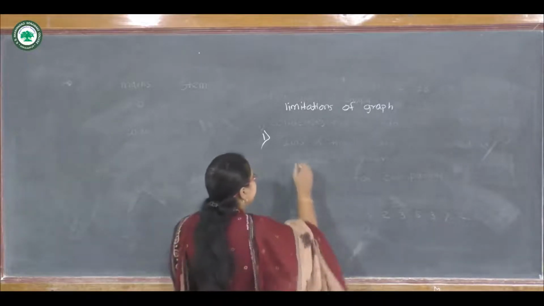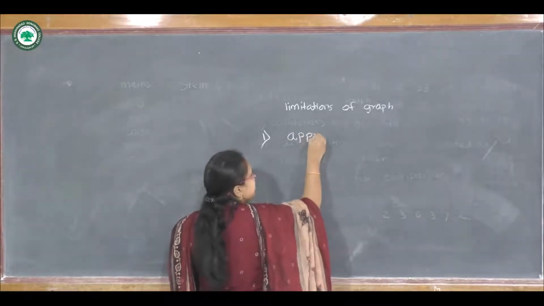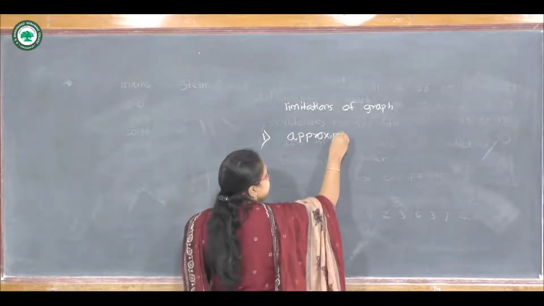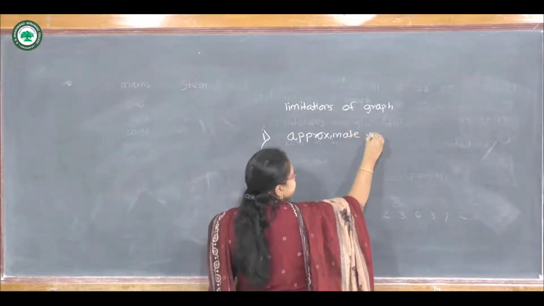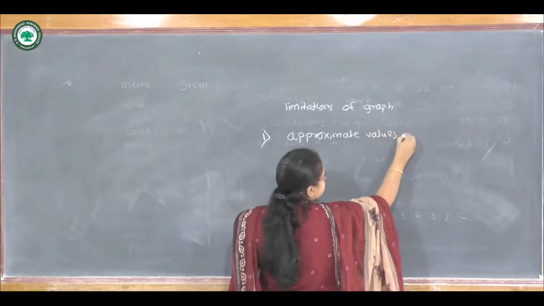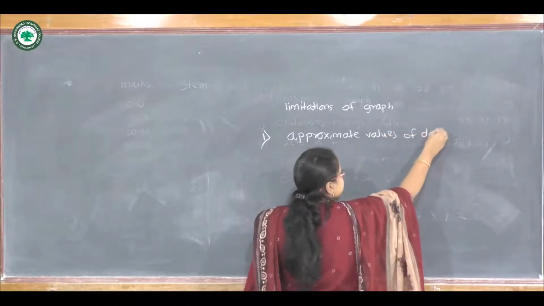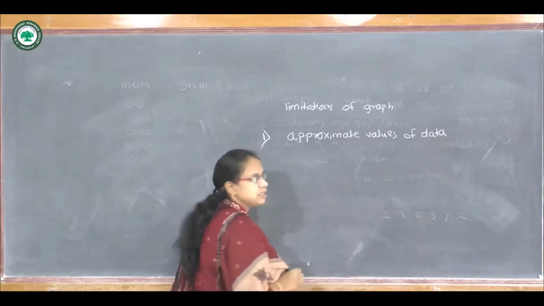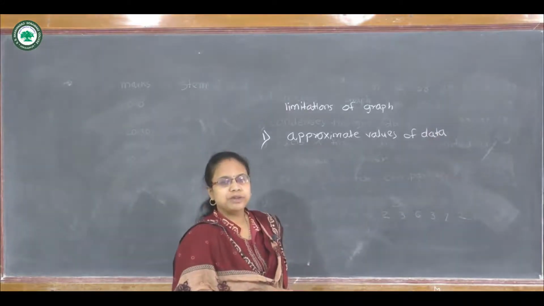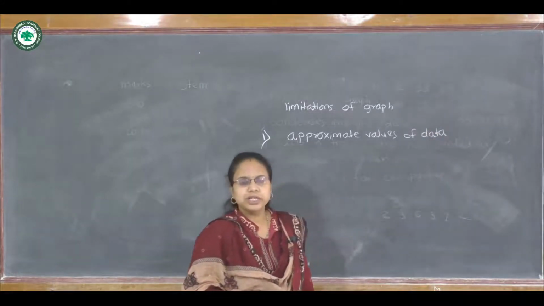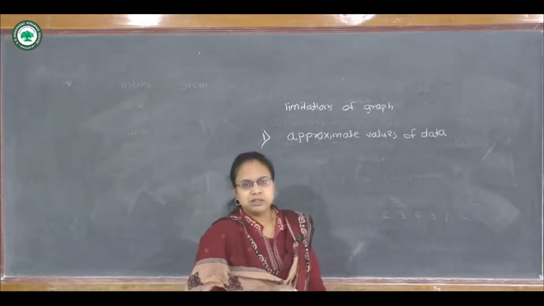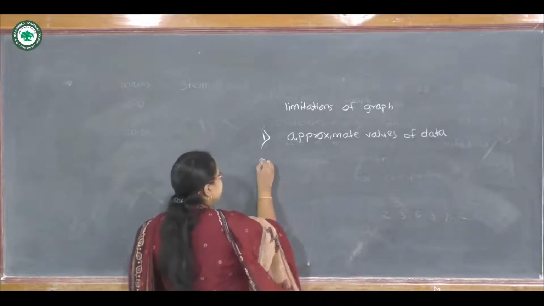So in a graph we have only approximate values, but the table method, that is drawing the frequency distribution, gives us the actual statistical values.